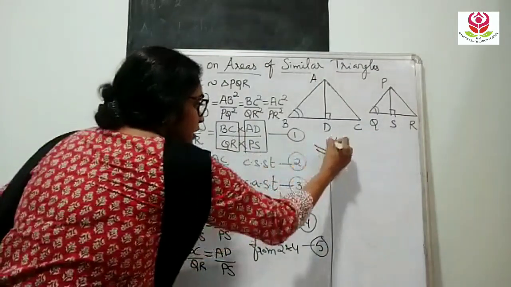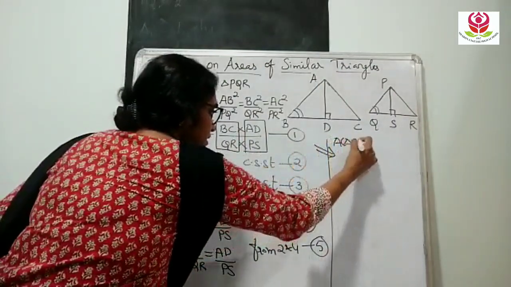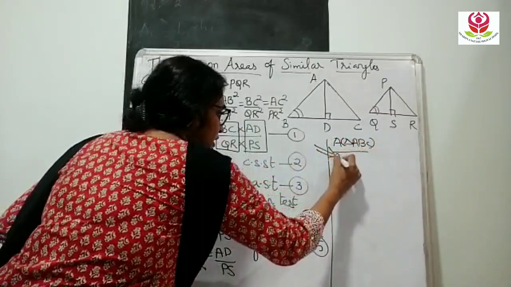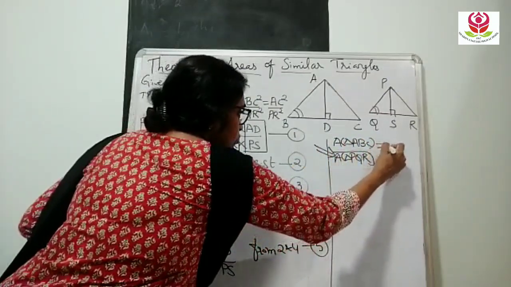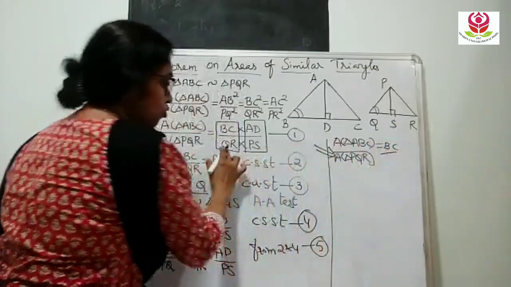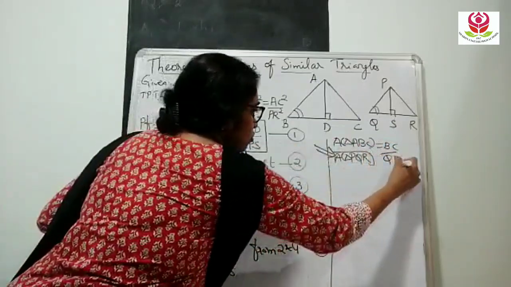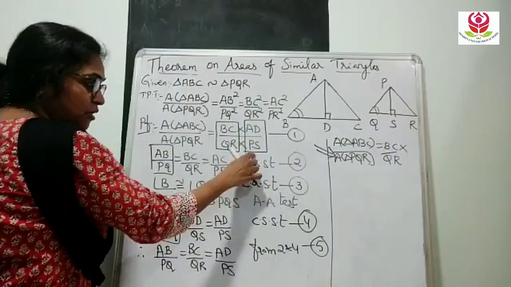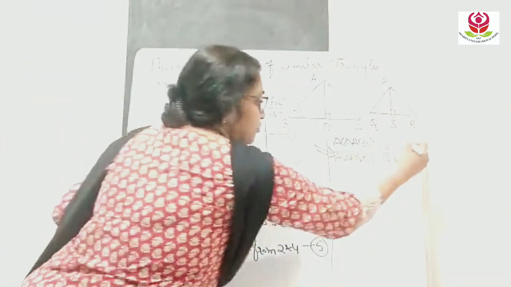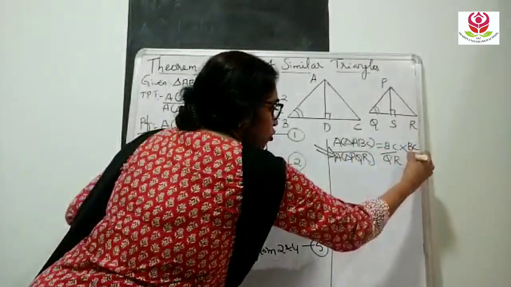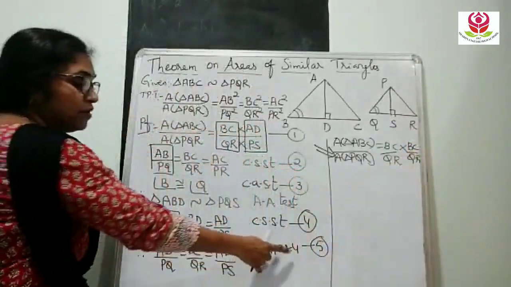So you will get area of triangle ABC upon area of triangle PQR is equal to BC upon QR into the other one, which was AD upon PS. Now it will be replaced once again by BC upon QR according to equation number 5.